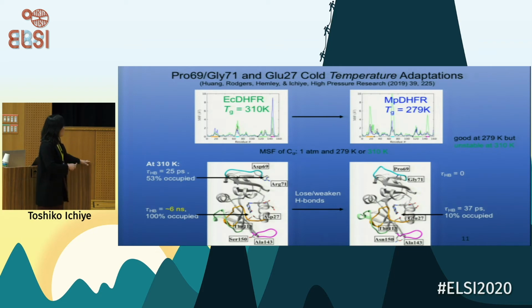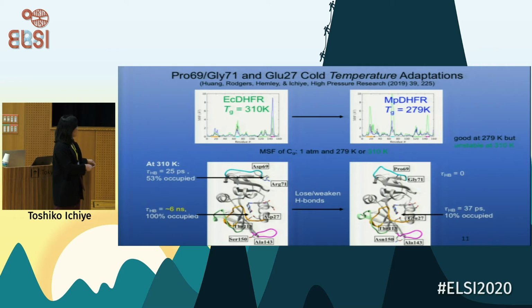And so the two significant mutations we've seen: there's a loss of a hydrogen bond. In E. coli, there's a hydrogen bond between ASP69 or 71. It goes away in Moritella. We think this thing keeps it from melting, okay?